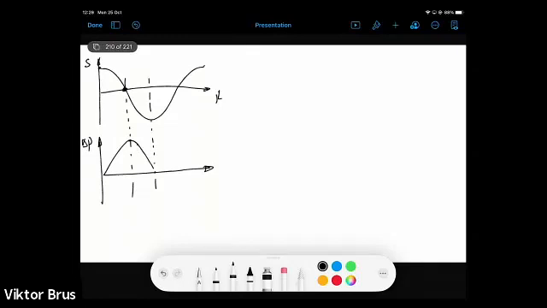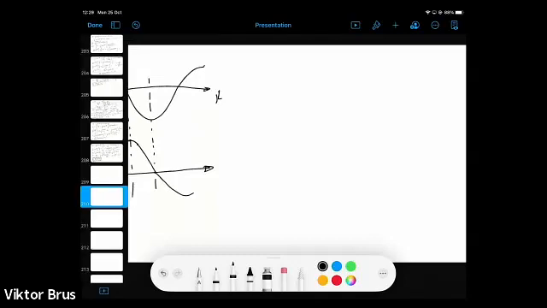Then there will be minimum change in pressure when displacement is maximum. So they are shifted by 90 degrees, and we see where it originates.